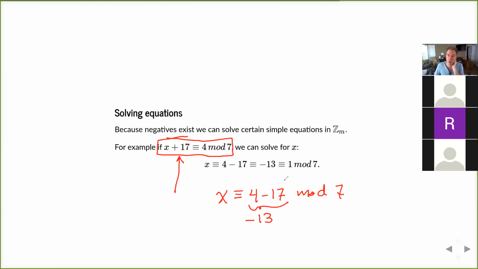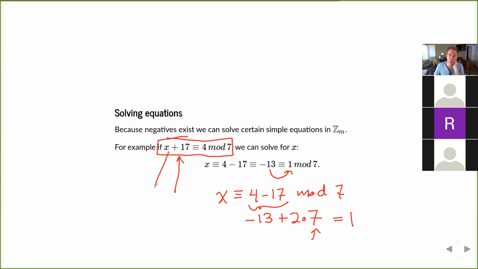And then how do you convert that back to 1? You just add something that has a factor of 7 in it. So this has a 7 in it, so it's like adding 0. And this is 1. So that means that negative 13 is congruent to 1. And you just solved for x here. So 1 plus 17 is congruent to 4 mod 7.